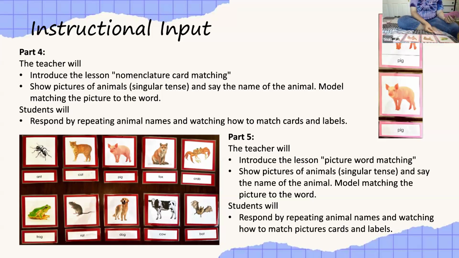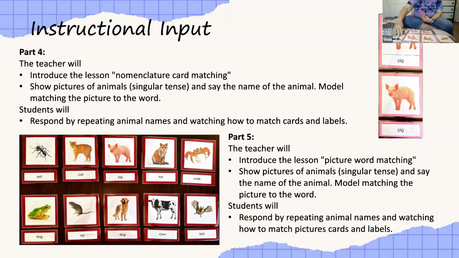So, not the same. Nope. That's the pig. I found a match. All right. The next one I have is cat. That's not the cat. There's the cat. I found another match. Now I have cow. Nope.